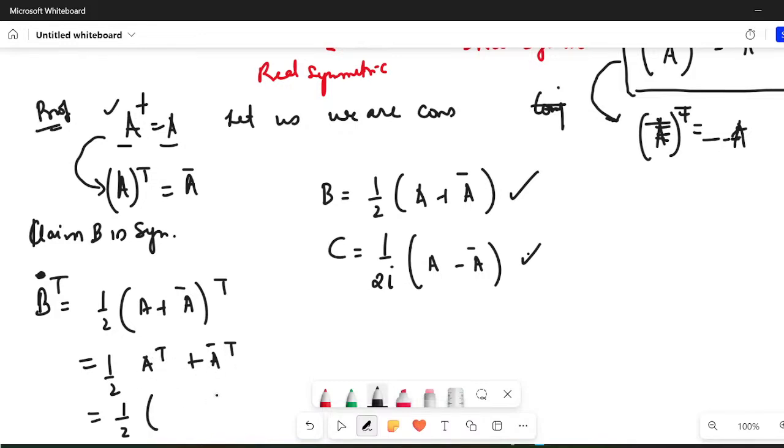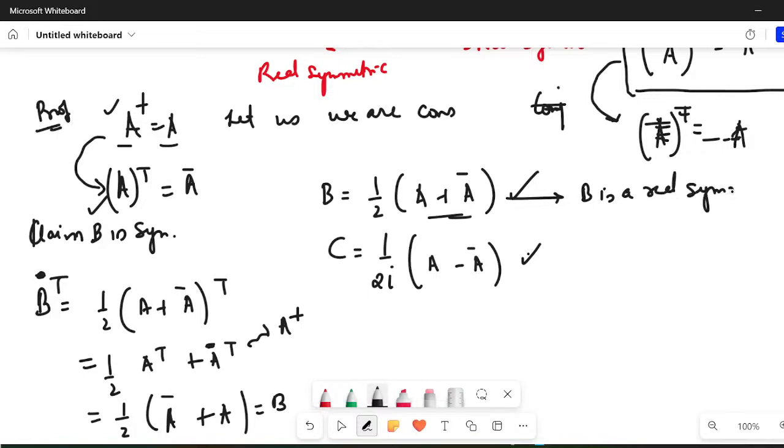This particular thing I can write as A conjugate transpose, which is like writing A dagger, and I know this would be simply A. And what is A transpose? I know that A transpose for a Hermitian matrix will be A conjugate, right? Which is again equal to B only. So I can clearly say that B is a real symmetric matrix.